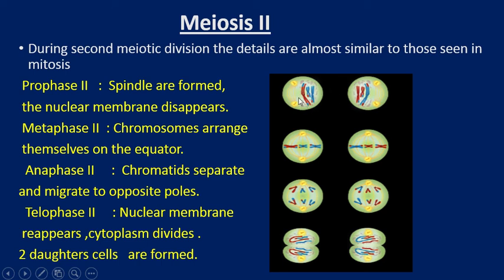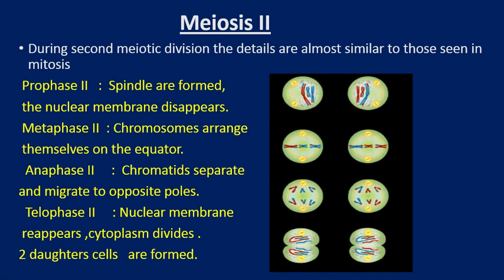And now meiosis 2 will be done here. So prophase 2 means spindles are formed. You can see here spindles forming in this diagram, and the nuclear membrane disappears, as you have seen in mitosis prophase.